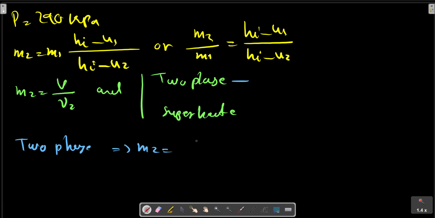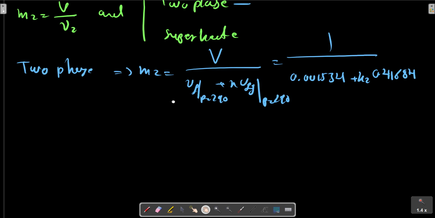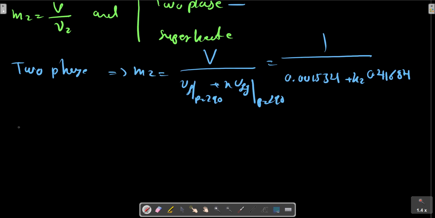For two-phase, v2 is vf at P equal to, we have these quantities for v, for m2, and for u.